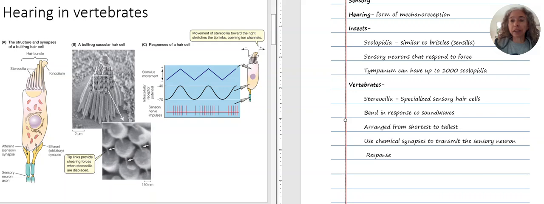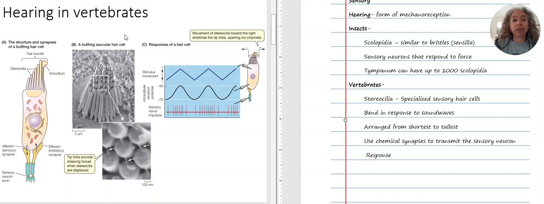The stereocilia are arranged from shortest, like over here, up to the tallest. When the stereocilia are displaced from shortest to tallest, in this direction here, the neurotransmitters are released, creating an action potential in the sensory neurons.